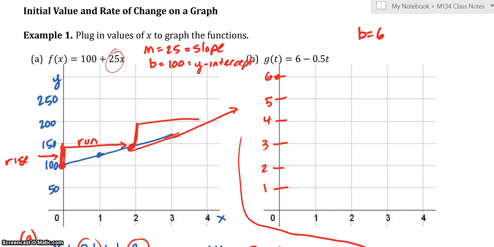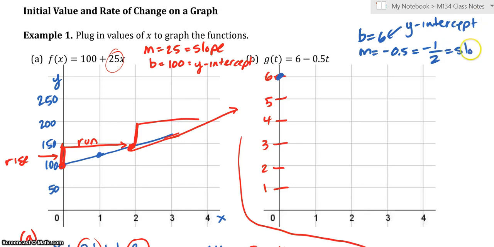And we can go back to blue. And m is negative 0.5, which, by the way, is negative 1 over 2. So we can use this to actually graph it, because I know this is the y-intercept, and I know this is the slope.